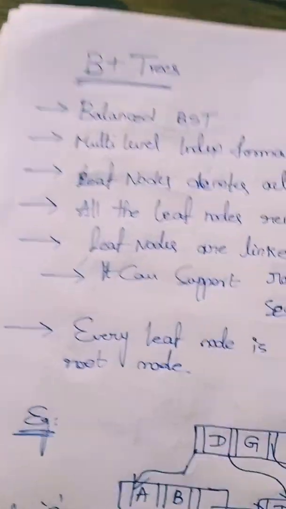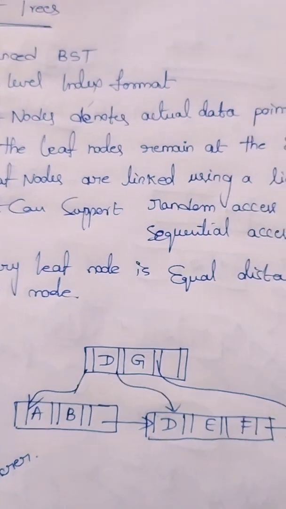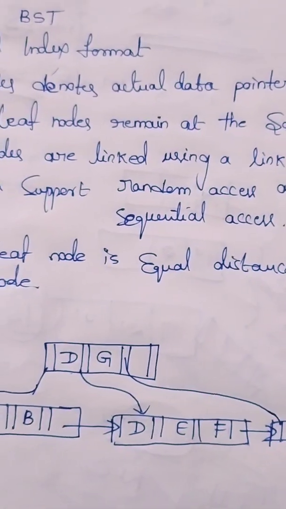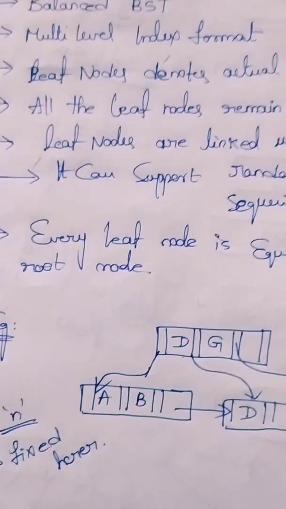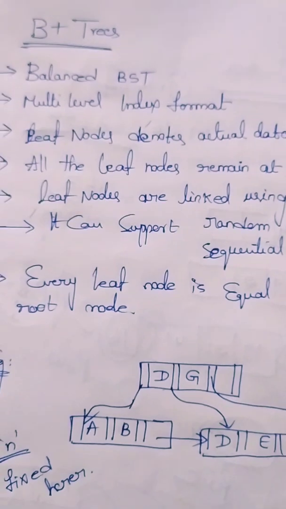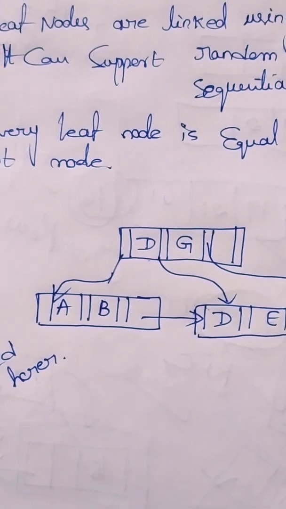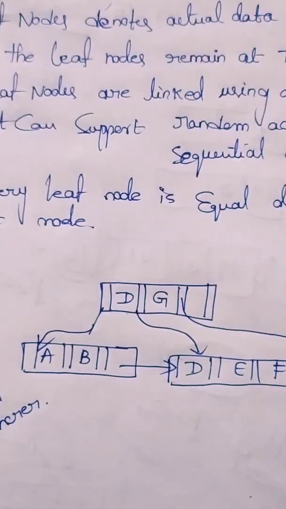Also, the leaf nodes denote actual data pointers, and all the leaf nodes remain at the same height. All the leaf nodes remaining at the same height means it is balanced, thus it is called a balanced binary search tree. In B plus trees, leaf nodes are linked using a linked list. In this example we have already seen these arrow marks, these are the linked list.